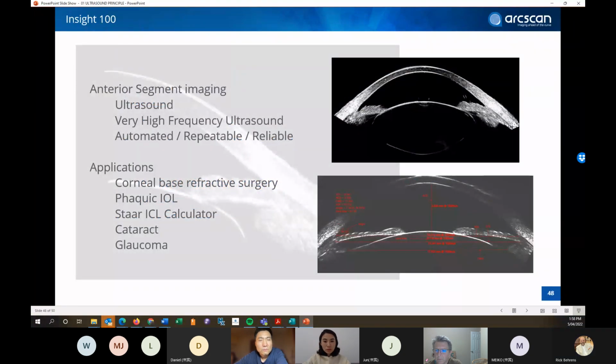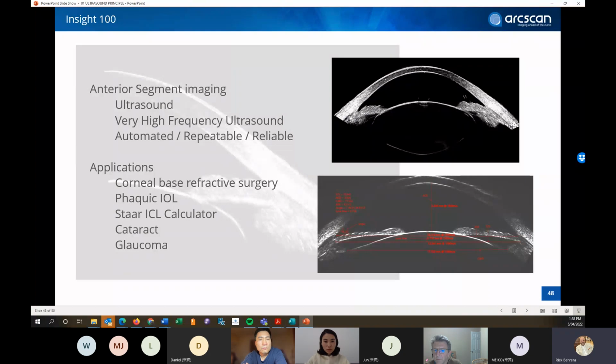So as a summary, our device is an anterior segment imaging device that we obtain using ultrasound. We use something that is called very high frequency ultrasound.